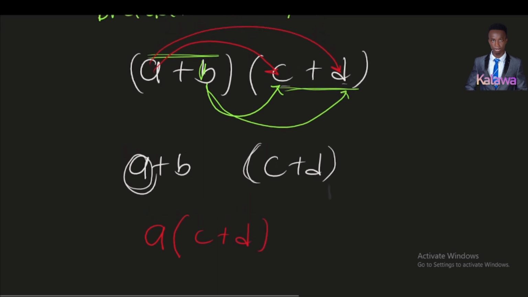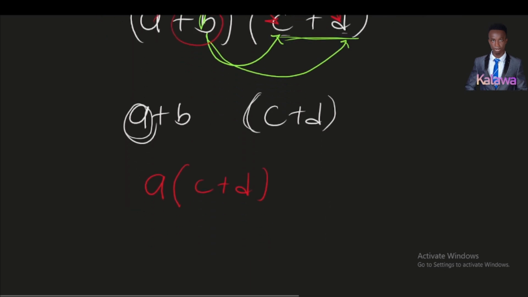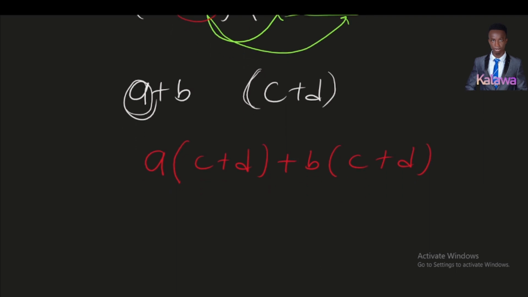So what remains? It remains the plus b. This same plus b, we are going to multiply again by the other binomial. That is plus b into c plus d. So this is what they are saying. Remember, we are now making use of the first set of the binomial, that is the a and the b.